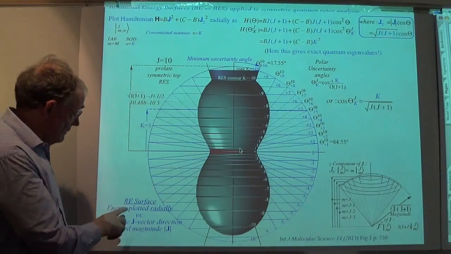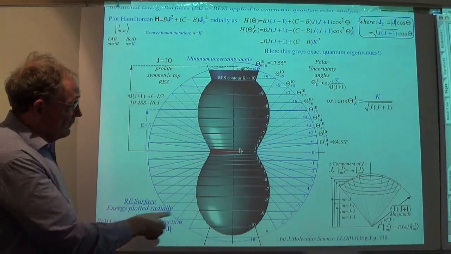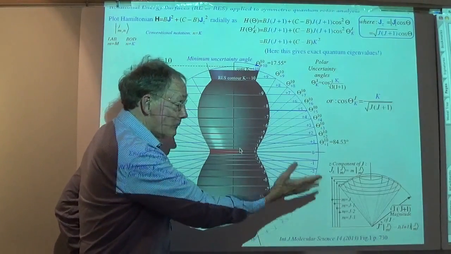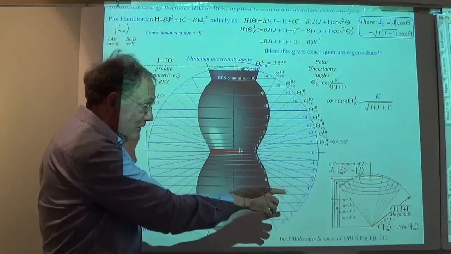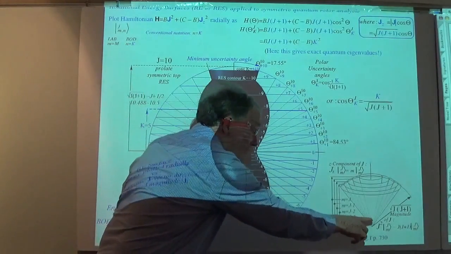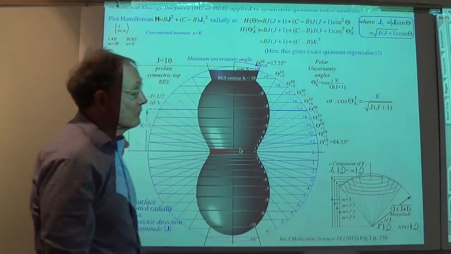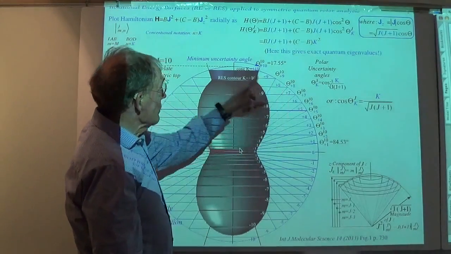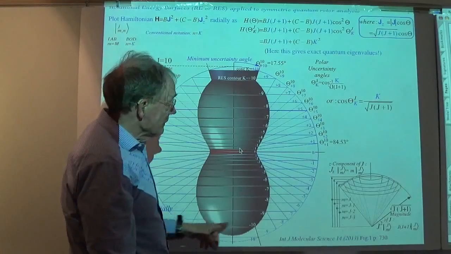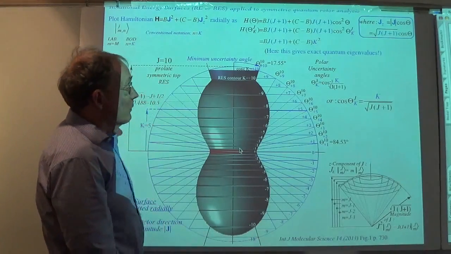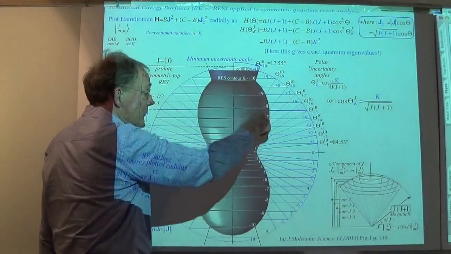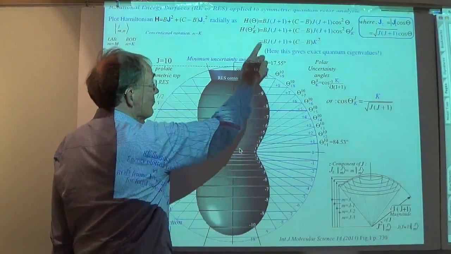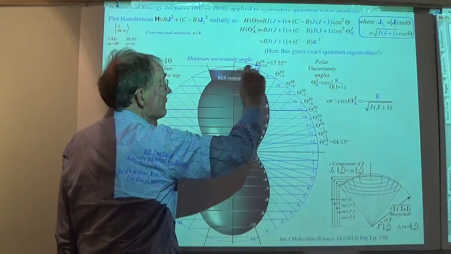So the idea of that is that it's connected to the angular momentum cones, which are plots of the magnitude being J plus a half, approximately, square root of J times J plus 1 exactly. And each of those cones has a cross-section that's indicated here. And the idea is where those cones intersect this rotational energy surface, that's a particular energy, that's a quantum energy, that's this quantum energy right here.